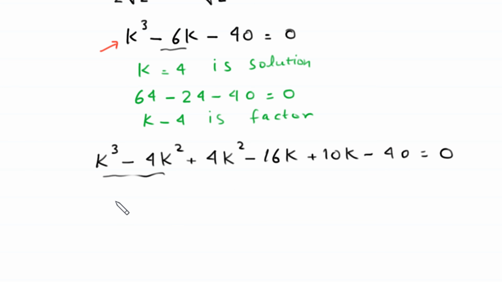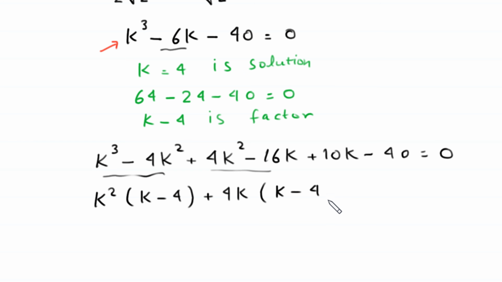From these two terms we can factor out k squared in bracket left k minus 4, and from these two terms we can factor out plus 4 times k in bracket left k minus 4, and from these two terms we can factor out plus 10 in bracket left k minus 4 equal to 0.